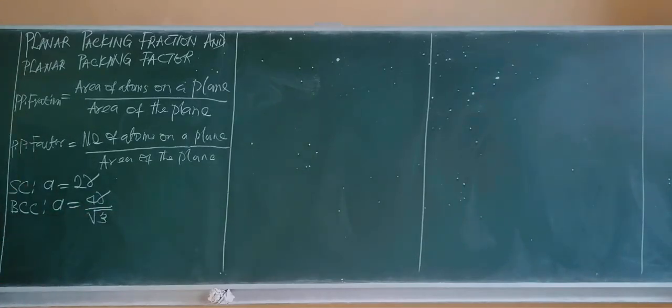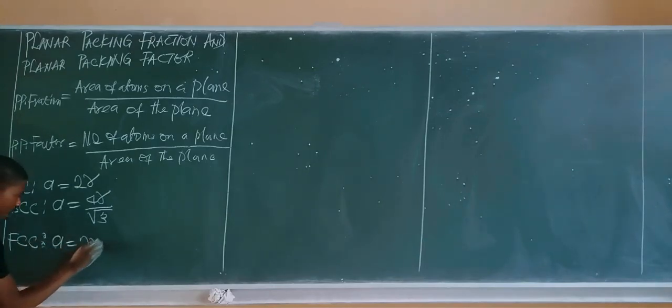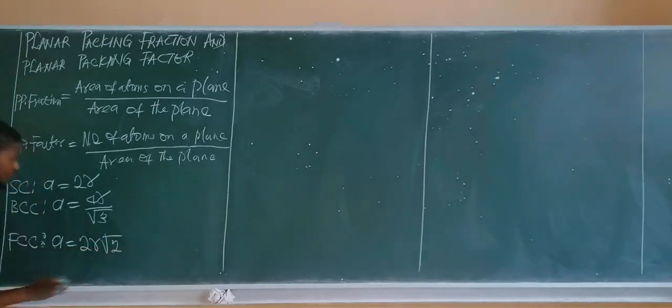And finally, for the face-centered cubic structure, a is equal to 2r times root 2. So these are the relationships between the lattice parameters and the radius of an atom, and we are going to be using them for this particular video.